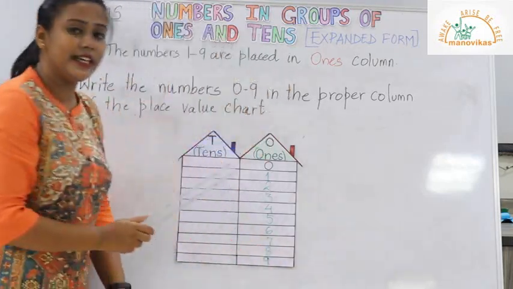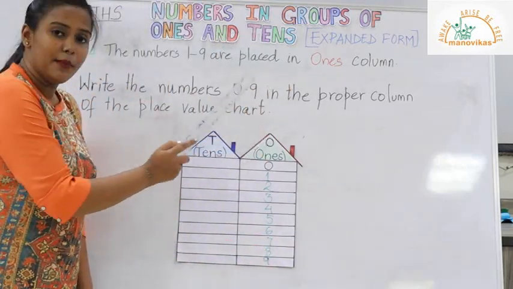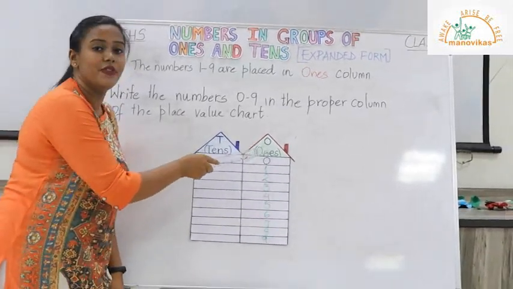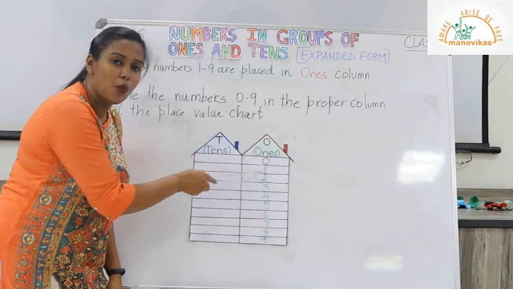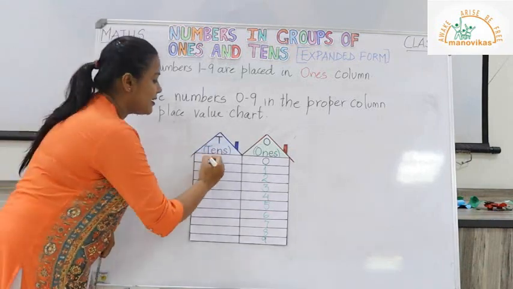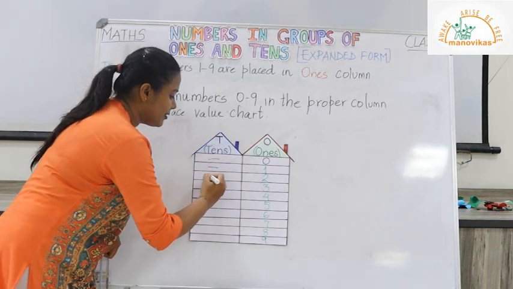So here we can see clearly that single digit numbers or one digit numbers are always written in the place value of ones. So there will be nothing in the place value of tens. So we will put a dash.